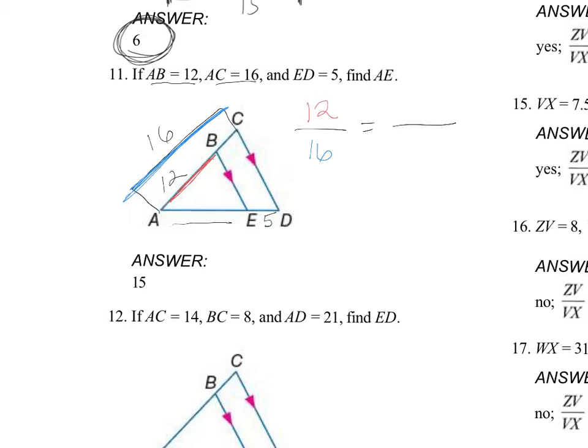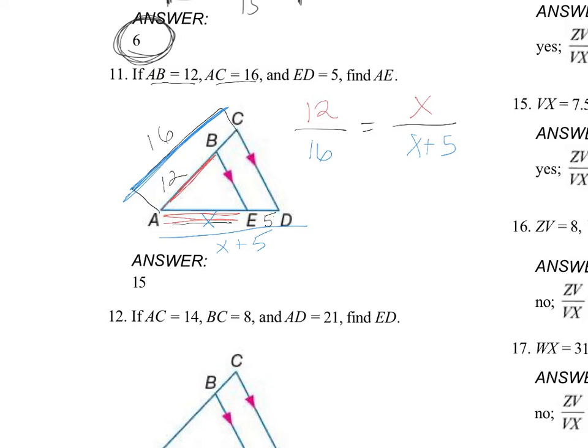And then this part here, which is x, to this part here, which, if this is x and this is 5, then this whole part here is going to have to be x plus 5.